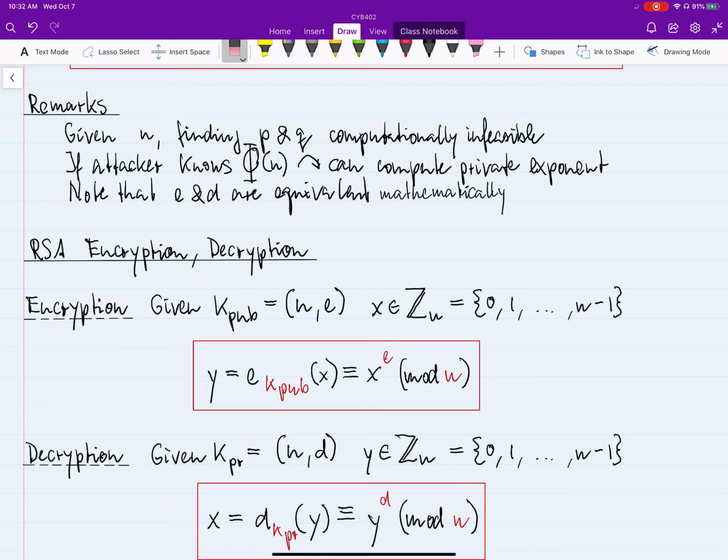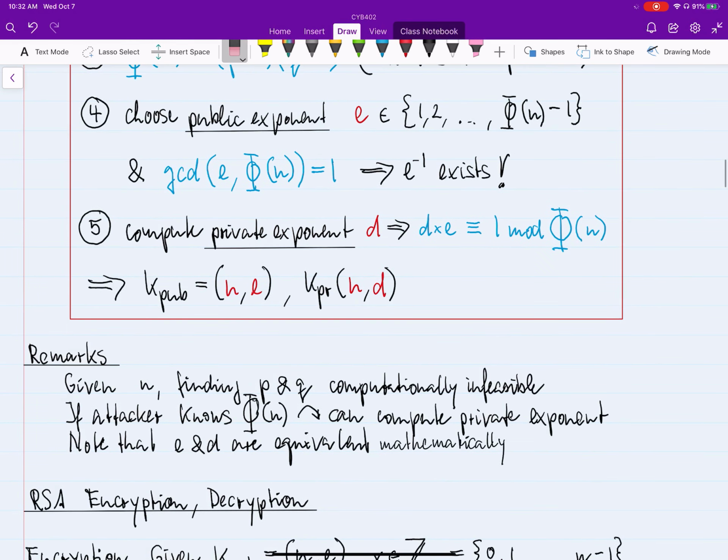So if the attacker knows phi of n, the attacker can compute the private exponent. Why? Because the attacker needs to use this formula in order to retrieve d.